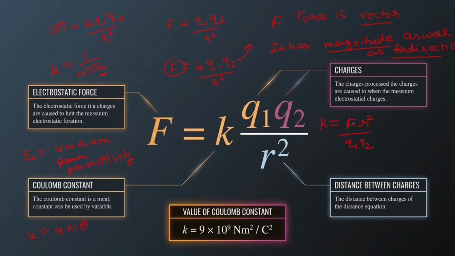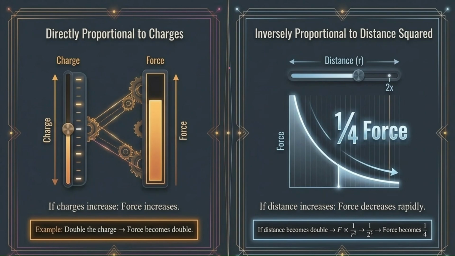We know the unit of force is Newton, r squared means meter squared, and Q1 Q2 means Coulomb squared. So we get the unit of k. We will talk about this later with two problems.